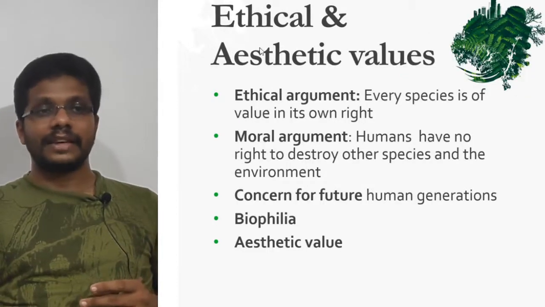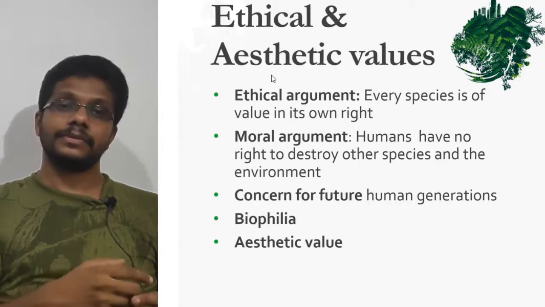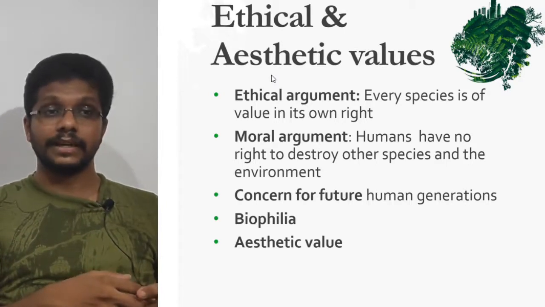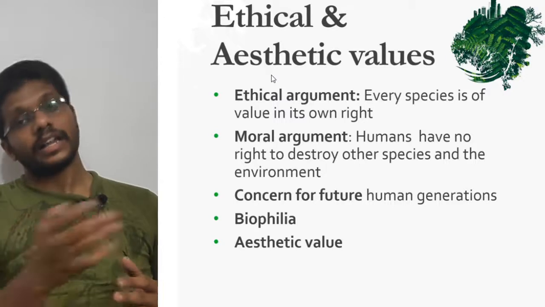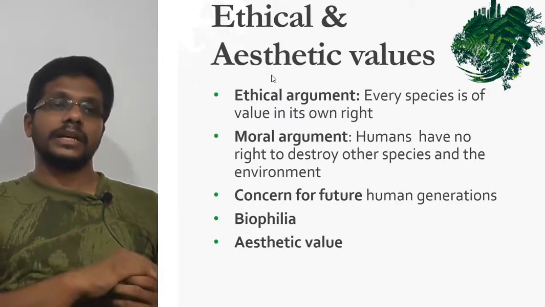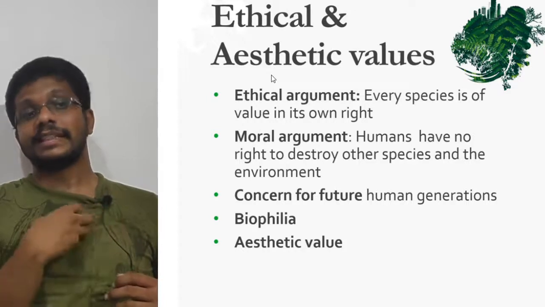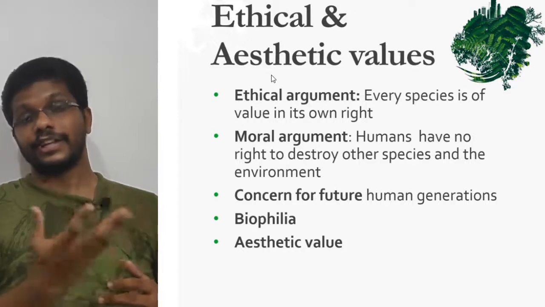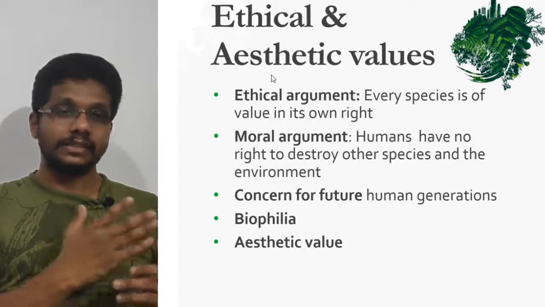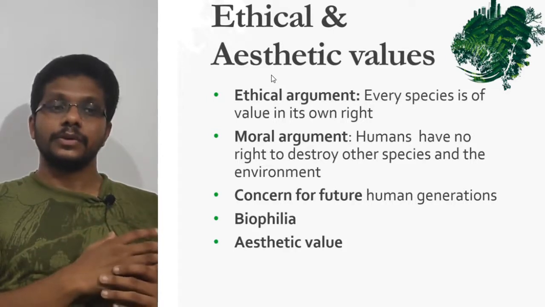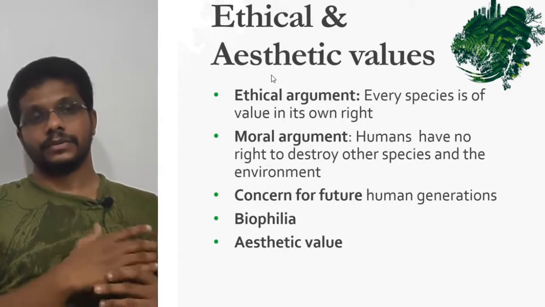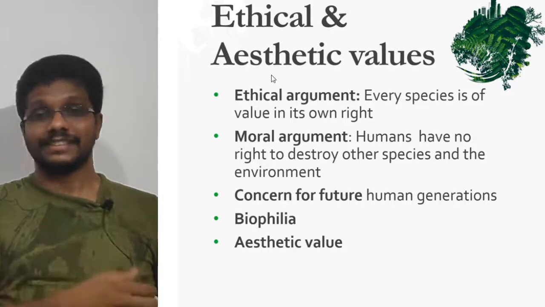And finally, we have the ethical and aesthetic value of ecosystem and biodiversity, and there are so many arguments based on this. We have the ethical responsibility to preserve and protect nature, because every species of this universe has some value in its own right.